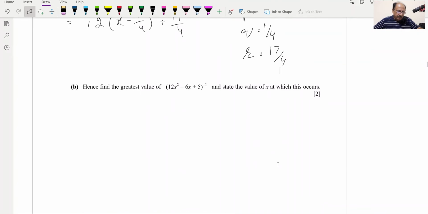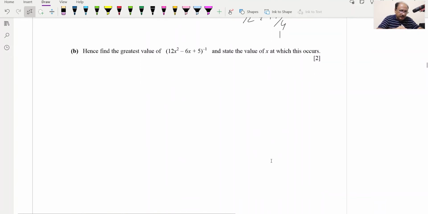Now b part: hence find the greatest value of this, and state the value of x at which this occurs. So inverse function, this one is inverse.